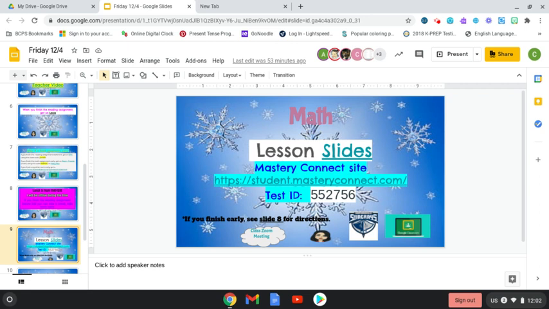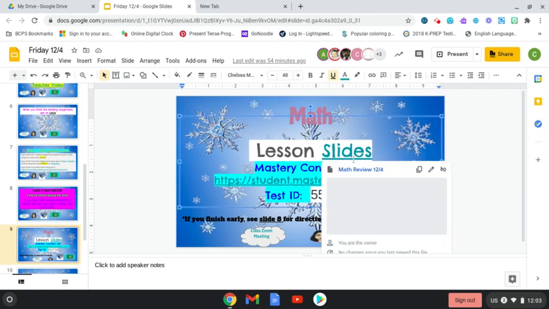This time, you are allowed to just click directly on the link to get to Mastery Connect. And here is your test ID. But before you do that, we need to review a little bit. And as always, if you cannot find your student username for Mastery Connect, you send me a message on GoGuardian. Okay? So let's practice first.